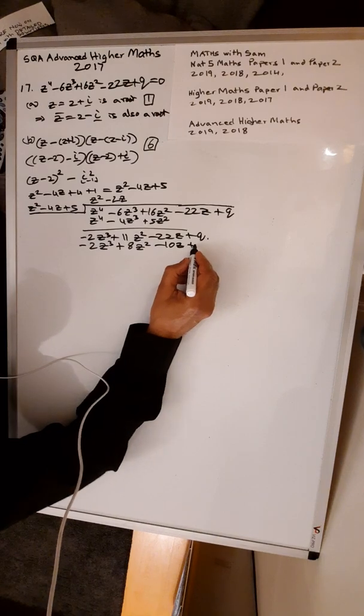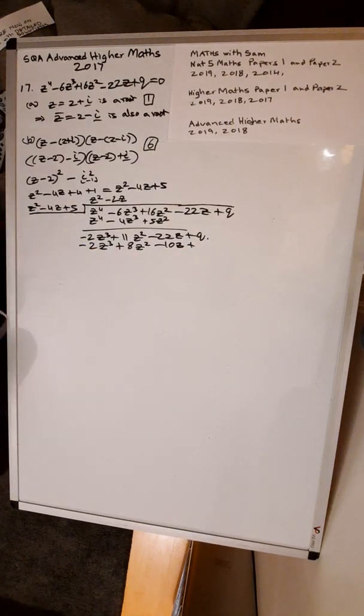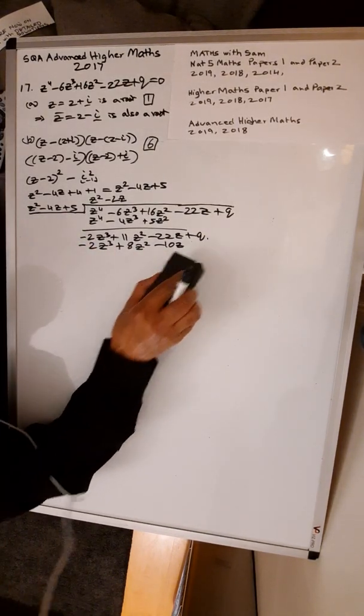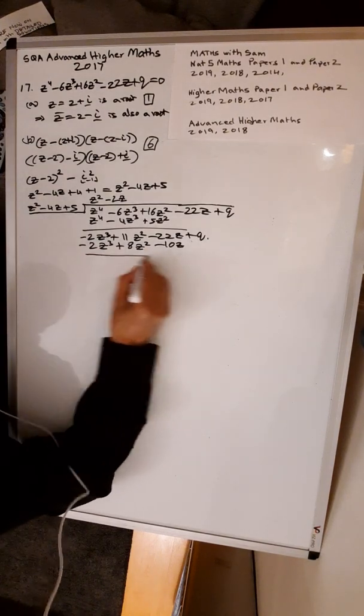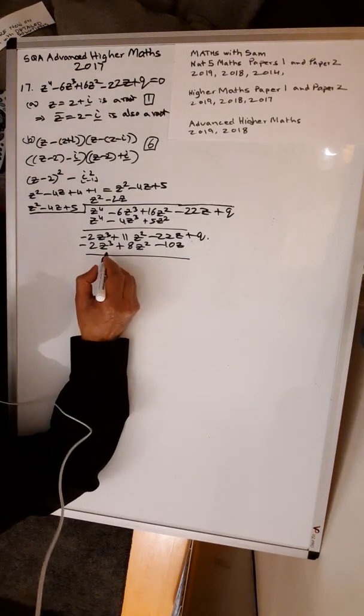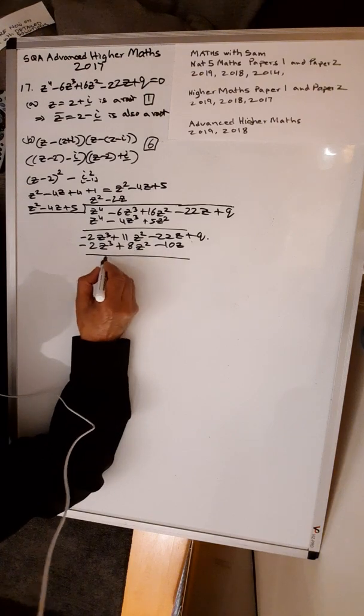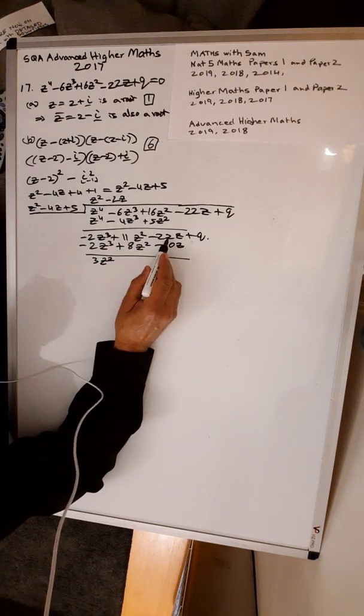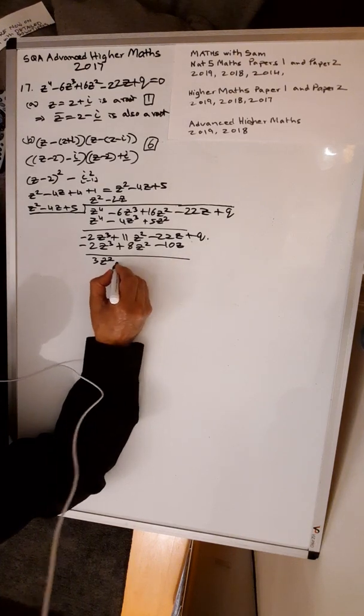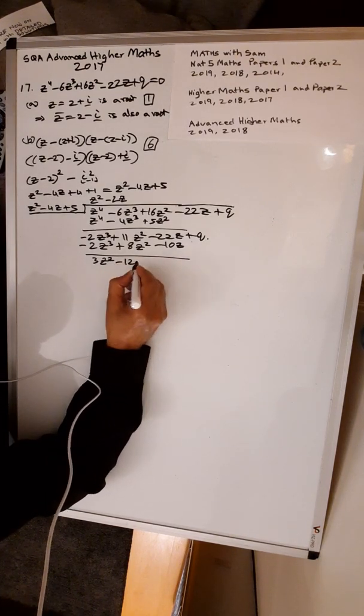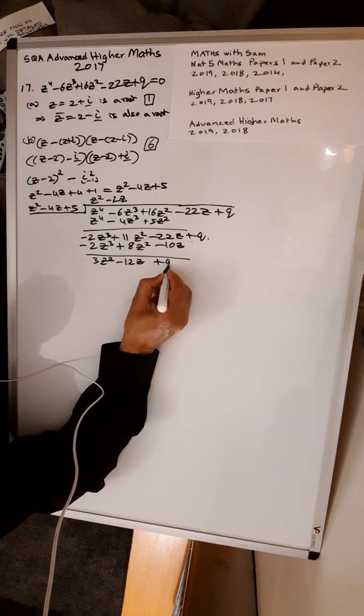When you take that away, the 2z cubed goes away. 11z squared minus 8z squared gives you 3z squared. Minus 22z plus 10z gives you minus 12z plus q.